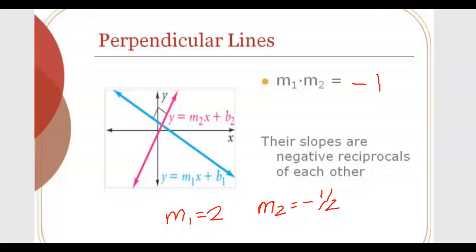All right, perpendicular lines. Perpendicular lines are lines whose slopes are opposite reciprocals of each other. They will cross or intersect at one point and one point only. And where they intersect, that point will form a 90-degree angle.